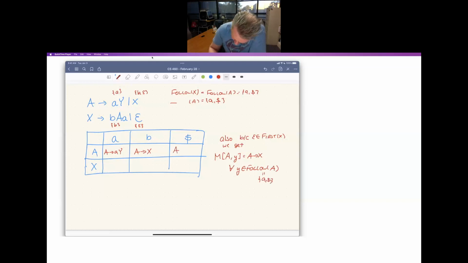So I would get A goes to x there, and A goes to x there. So that grammar is not LL1, because we got a double entry using the rules for filling it in.